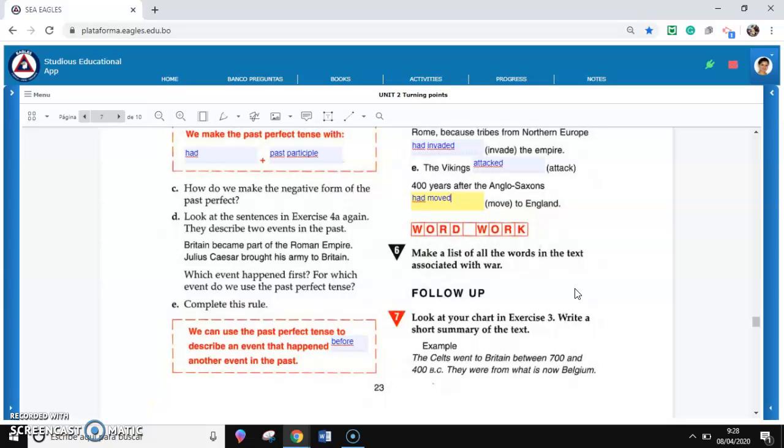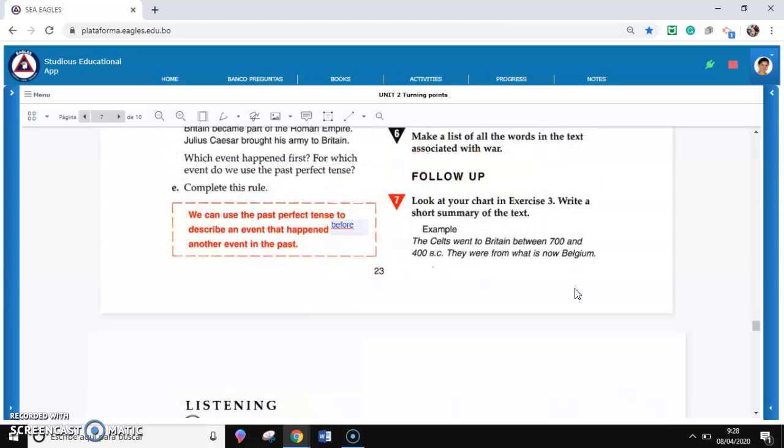Follow-up activity. Now it's time to work in the same place. I would like you to do the follow-up activity in your notebooks, in your red notebooks. Look at your chart in exercise 3 and write a short summary of the text. So here you have an example. The Celts went to Britain between 700 and 400 BC. They were from what is now Belgium.